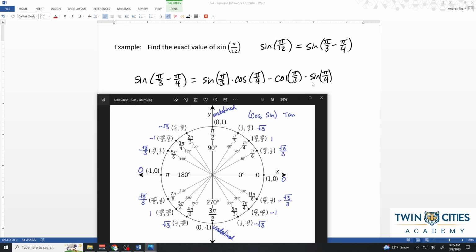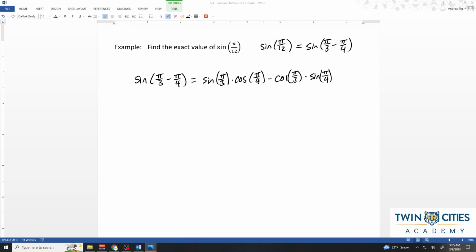So I'm going to go ahead and fill those in here. All right, this will be the square root of 3 over 2 times square root of 2 over 2 minus 1/2 times the square root of 2 over 2.